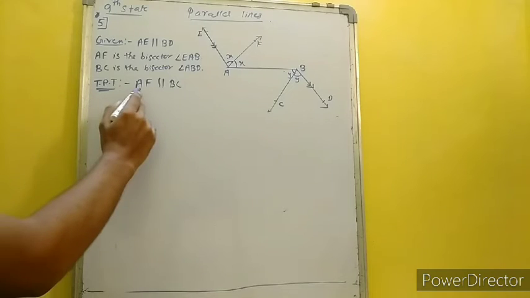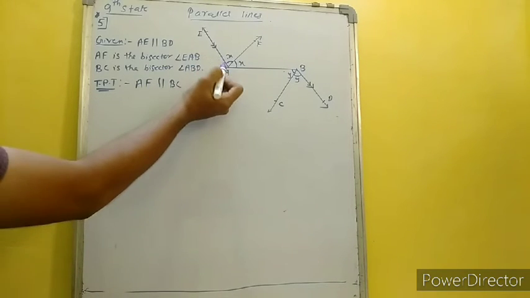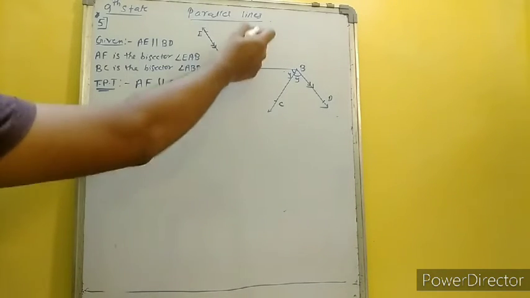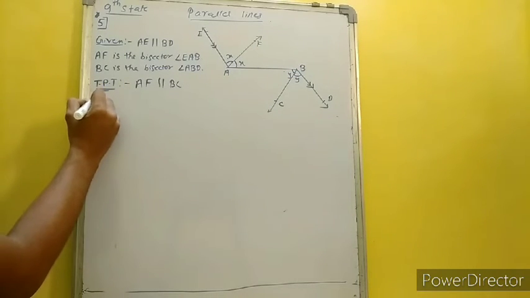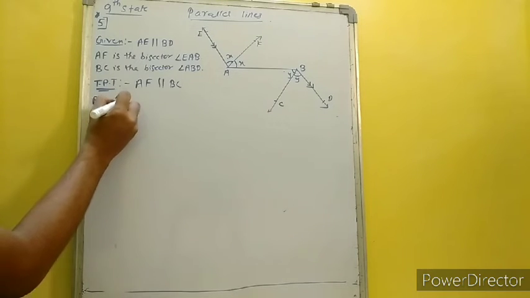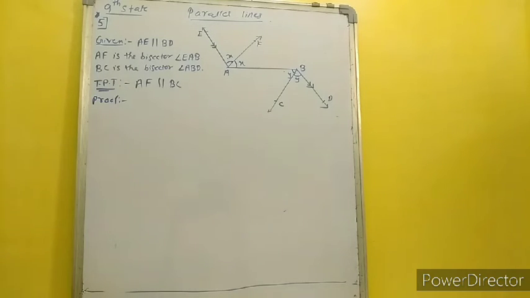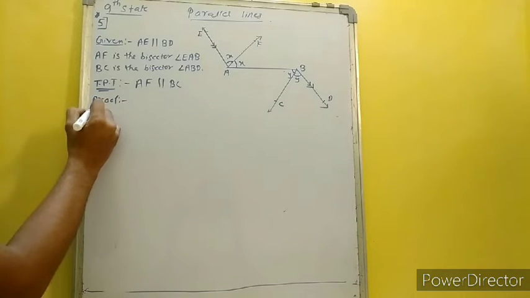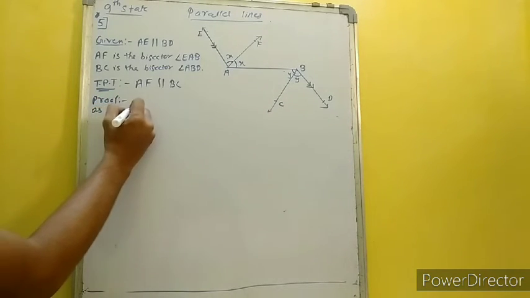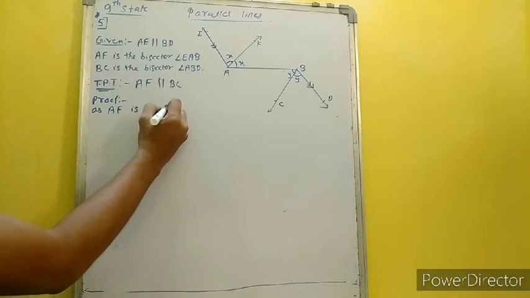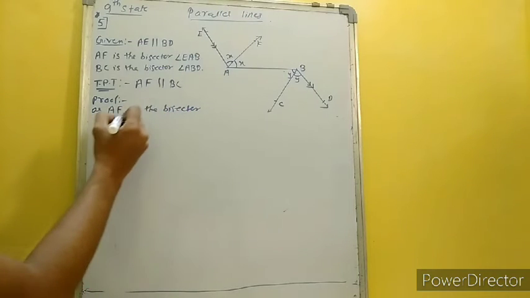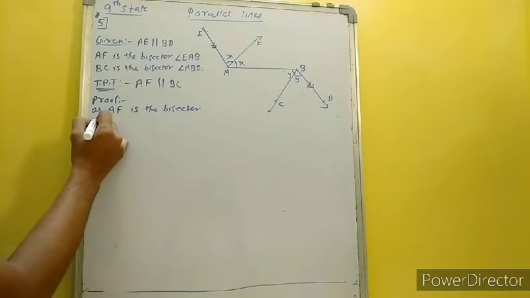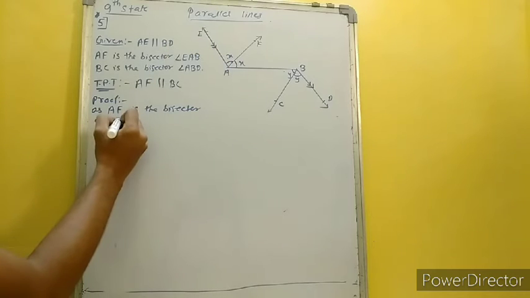Okay, we need to prove that AF is parallel to BC. We need to show that this is parallel to this. Okay, let's start. We are given that AF is the bisector of angle EAB.